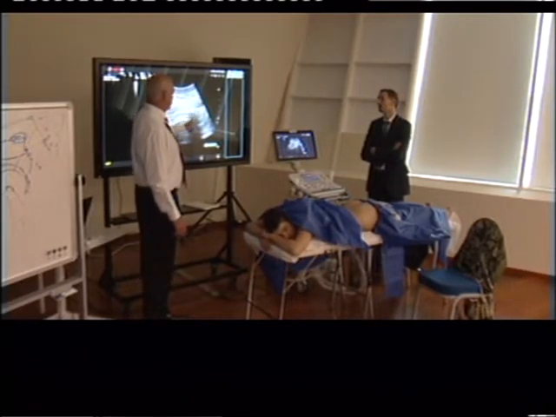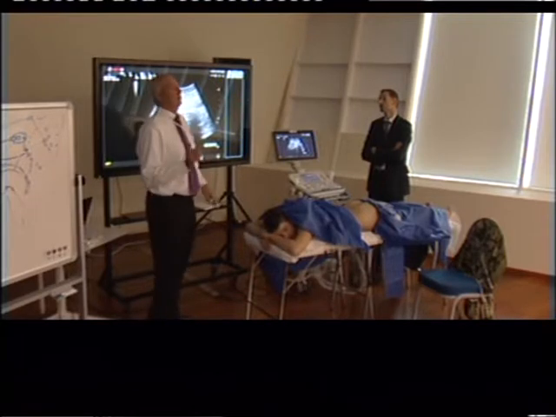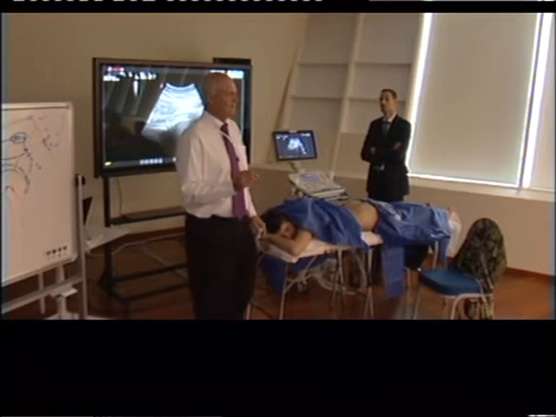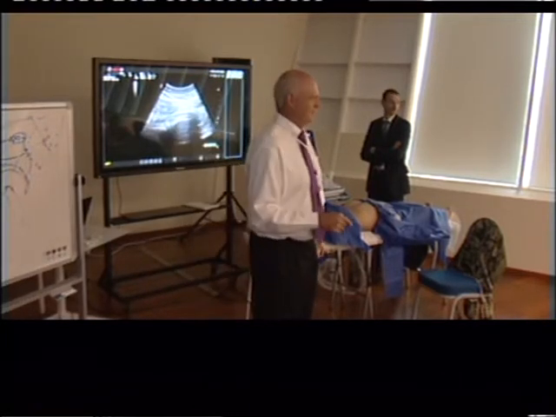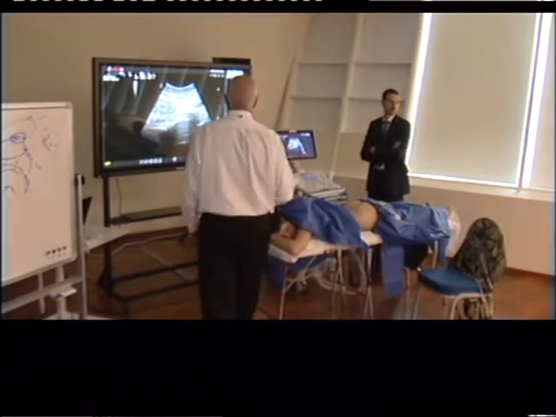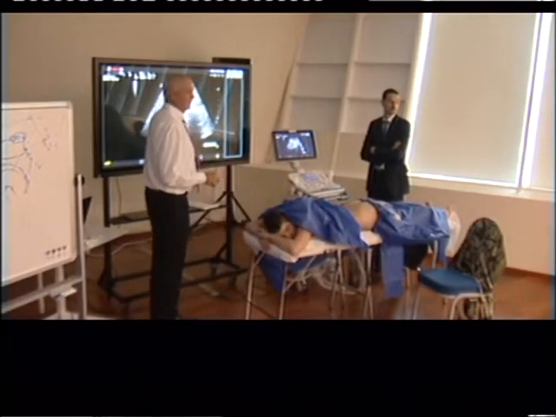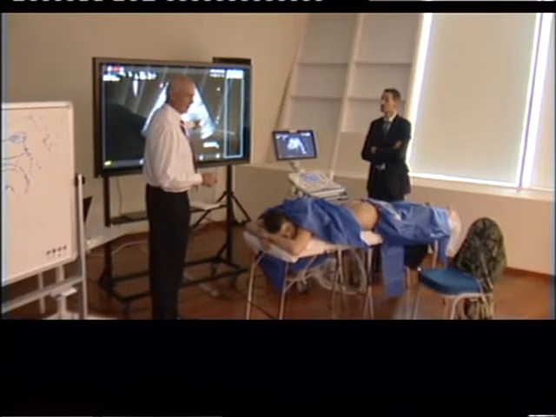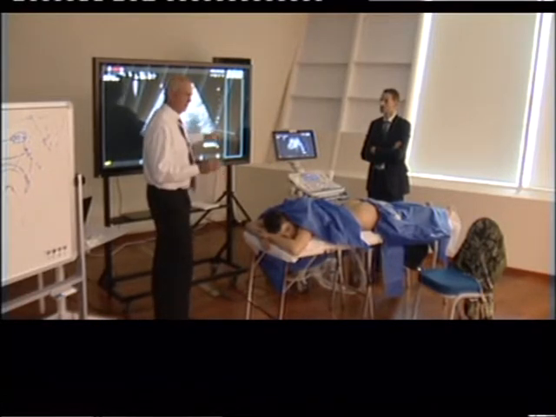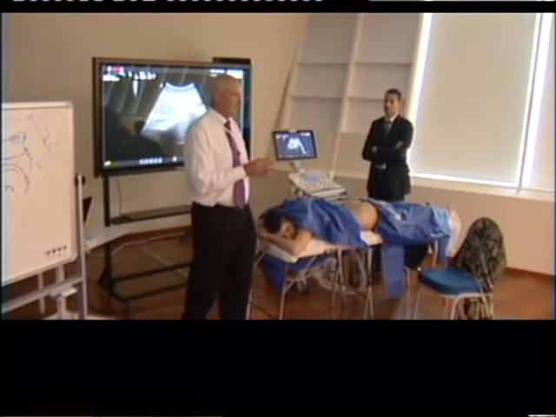When you do this, many times they go, oh, that's exactly it. But they also feel, because the pudendal lays over the top. When you go in with the needle, the pudendal is laying on top of the obturator.